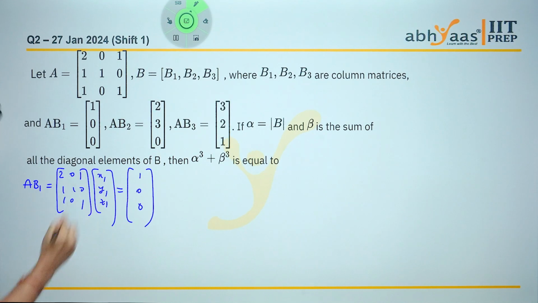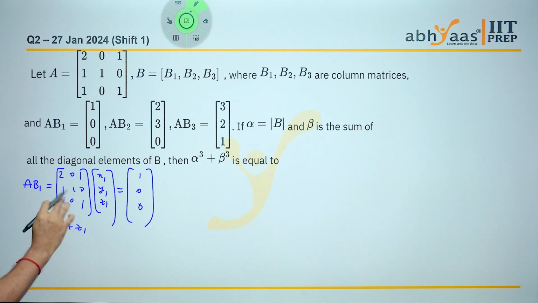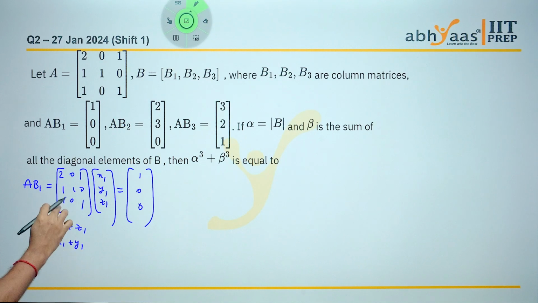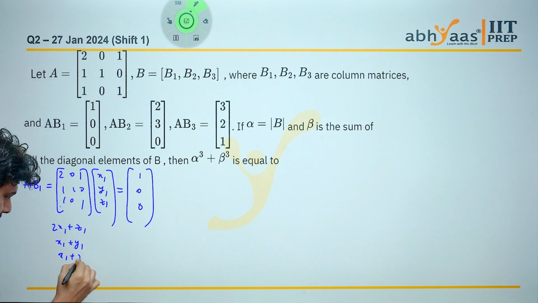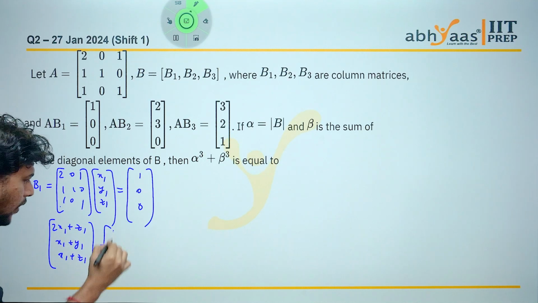Multiplying, we get 2x1 plus 0y1 plus z1, x1 plus y1 plus 0, and x1 plus 0 plus z1, equal to 1, 0, 0.